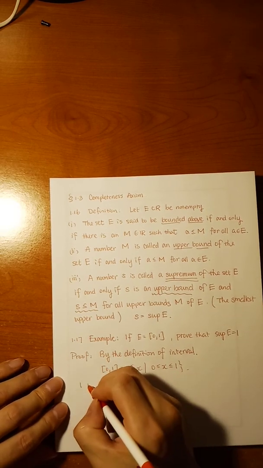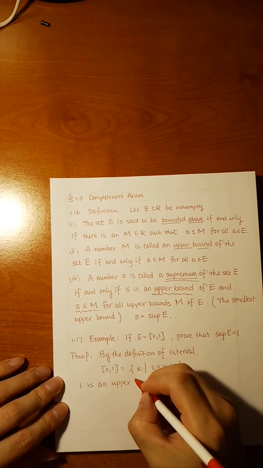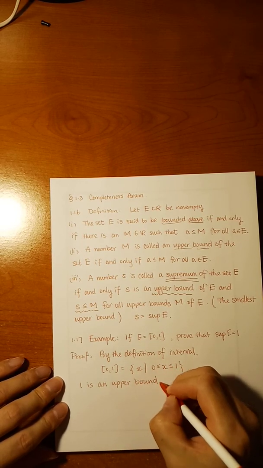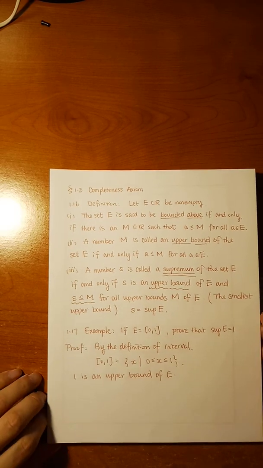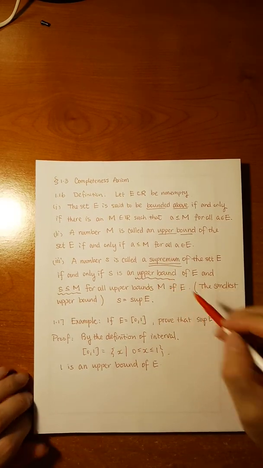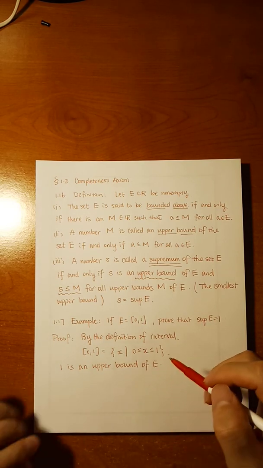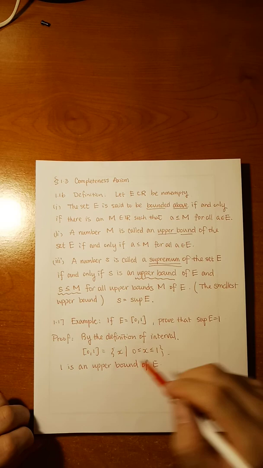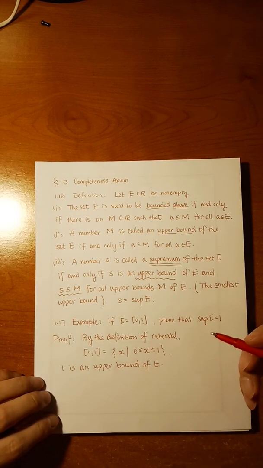So 1 is an upper bound of E. See, we actually showed half of the problem. From the definition of interval, you automatically get that 1 is an upper bound. And then next, you're going to show it is a minimum upper bound, the smallest upper bound.